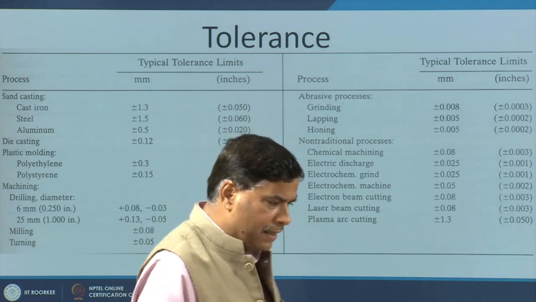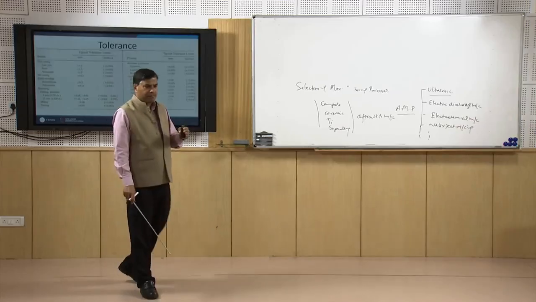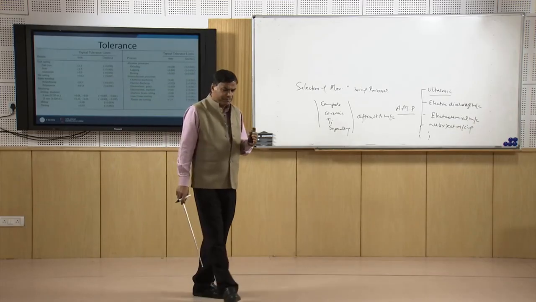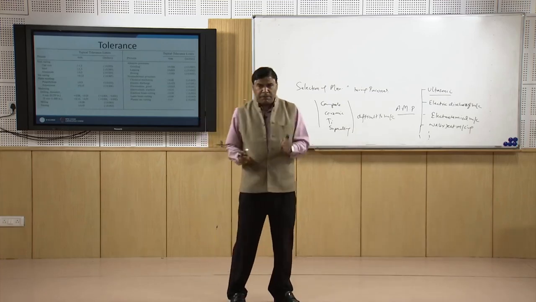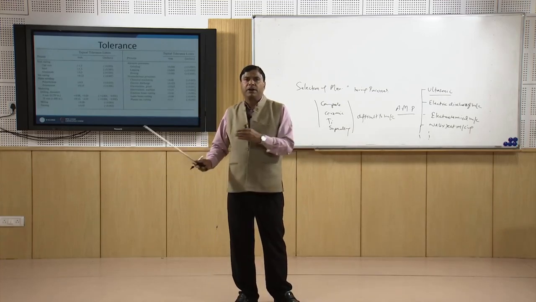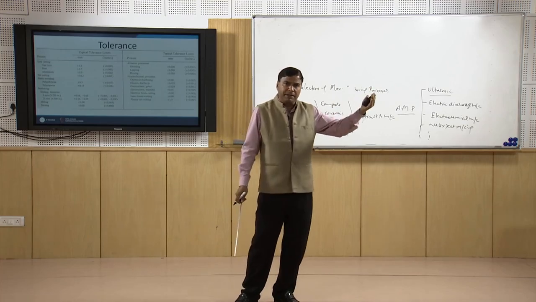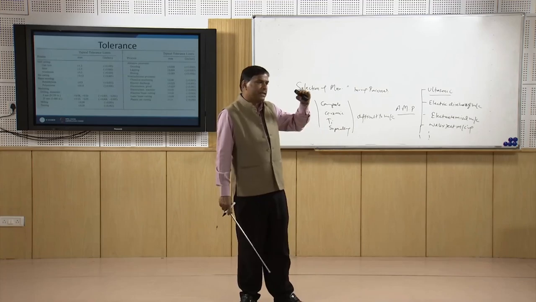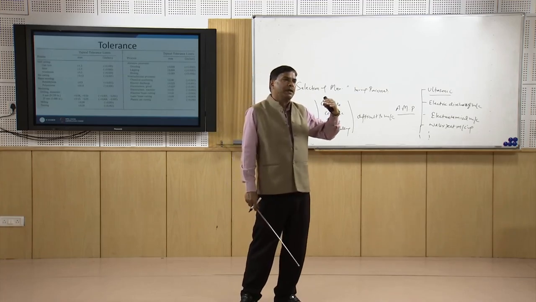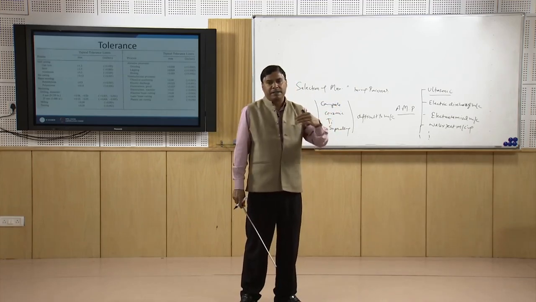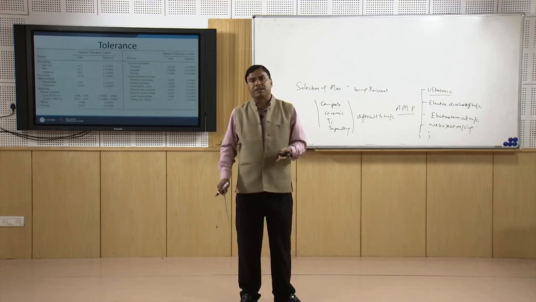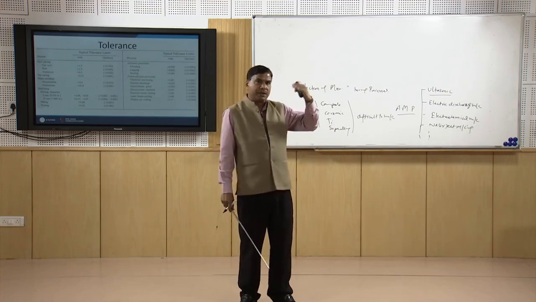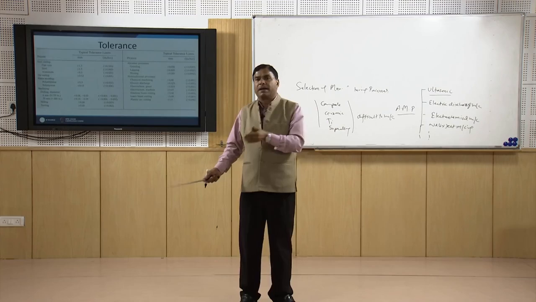So, we can see that the different processes have different capabilities to produce different numbers of products of different metals, having a variety of metal systems, economically. There are certain processes which can produce low melting point metals in a smaller volume effectively. There is another category of process which can produce high melting point metals in larger volume.